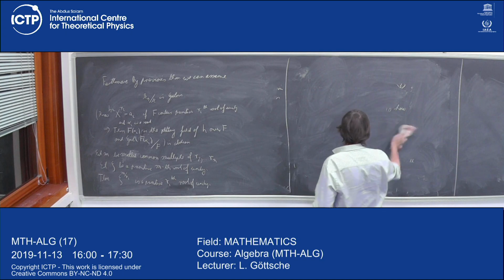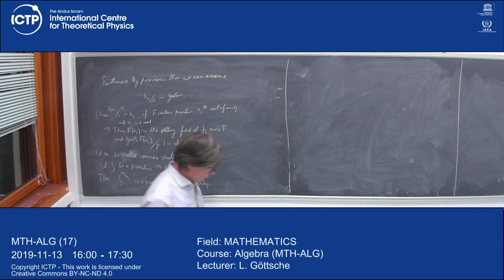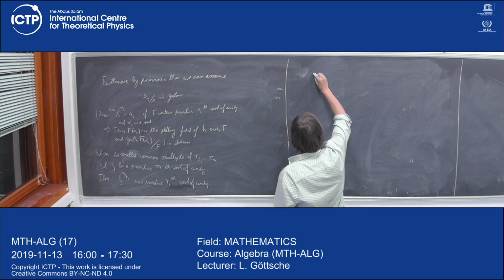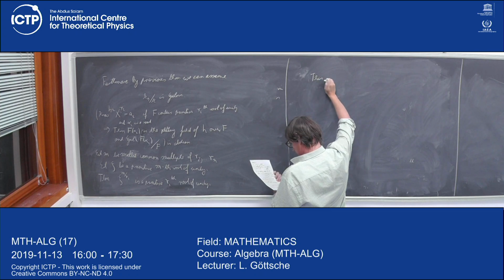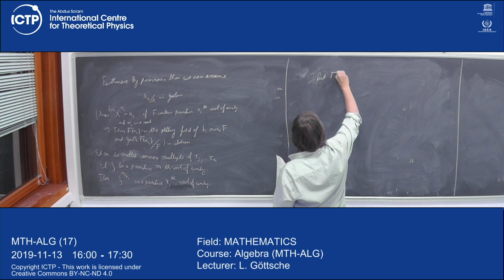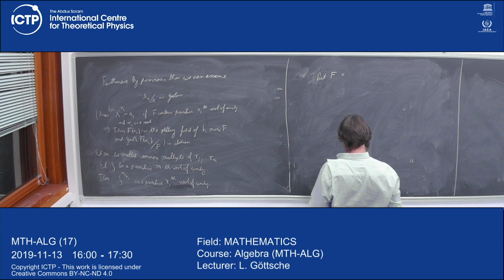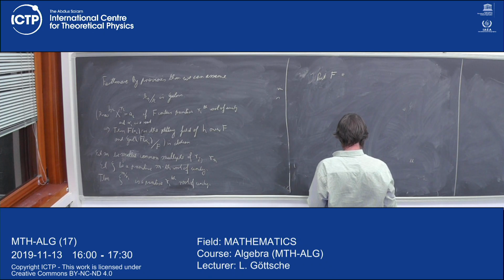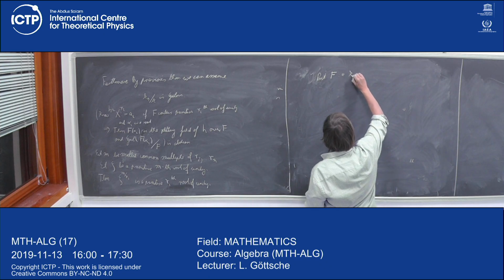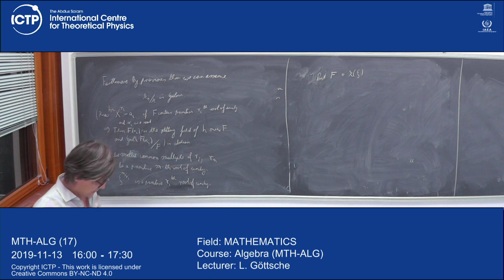Okay, then I will soon stop. So thus we put F to be K, where we join this primitive m-th root of unity.